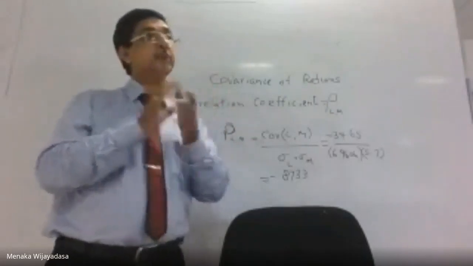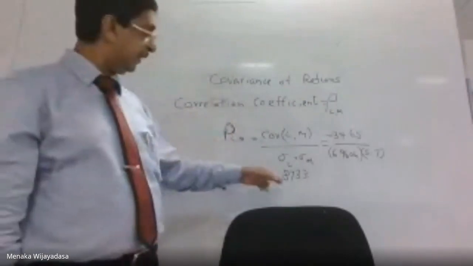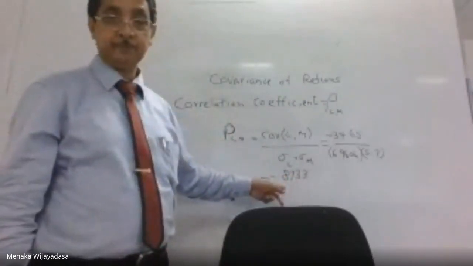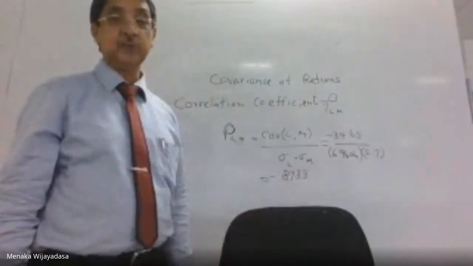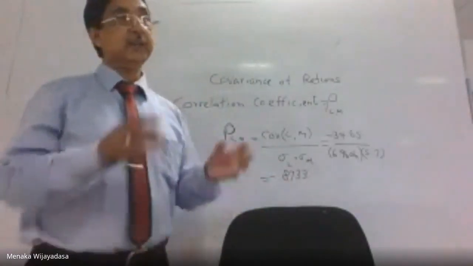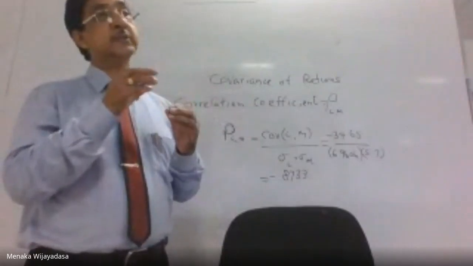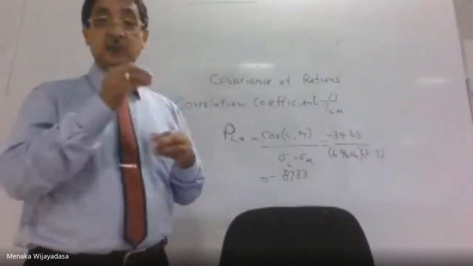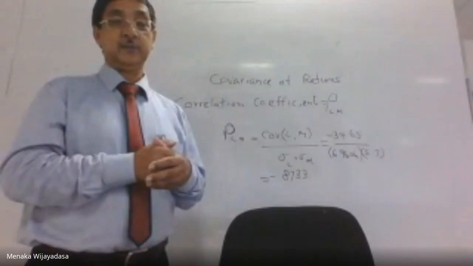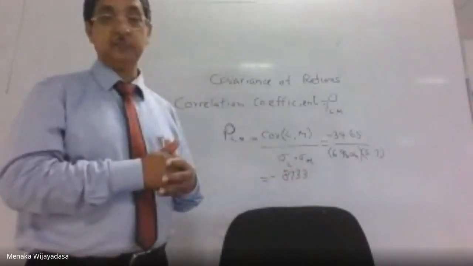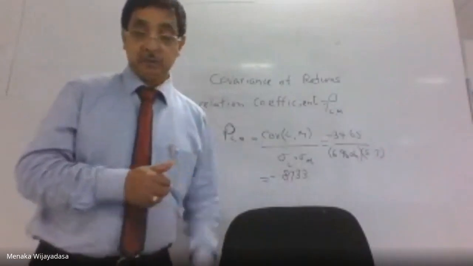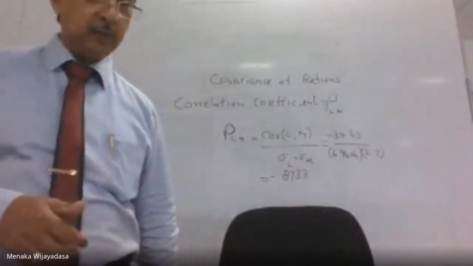Now, I think you get some point here. It's a very, very important value, the correlation coefficient. It really gives a certain characteristic of returns. So this value is very important. Is it clear?